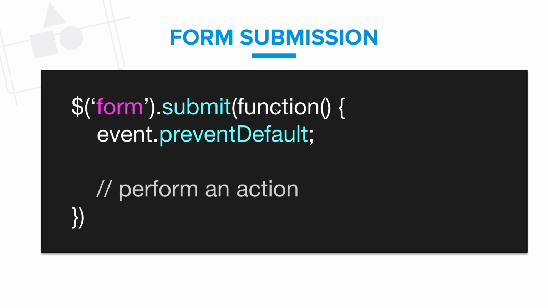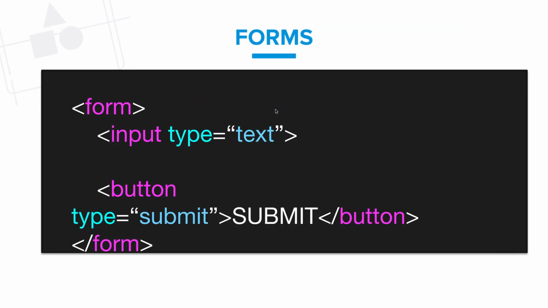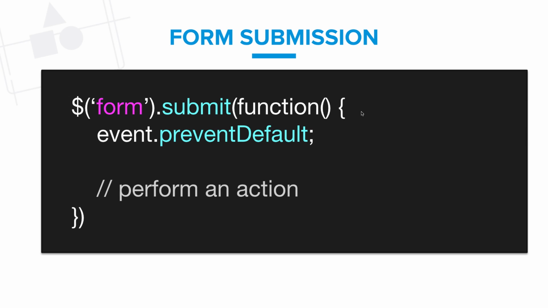So it knows it's submit because we've told it in here it's type submit. So it's figuring it out from that. Then perform this function. Event prevent default is basically on submit, the browser is going to try and refresh the page. So to stop that from happening, we're going to say event.preventDefault, which prevents the default action.